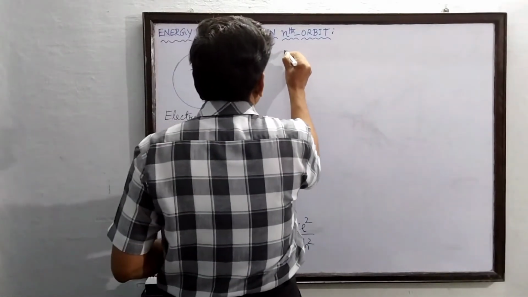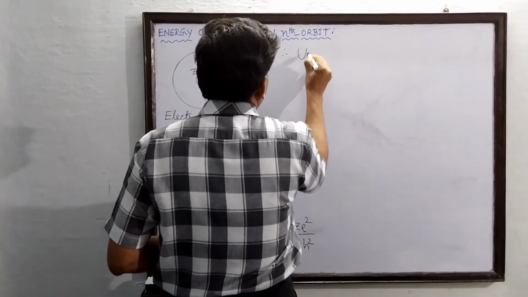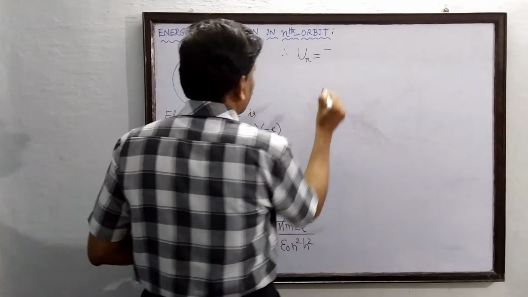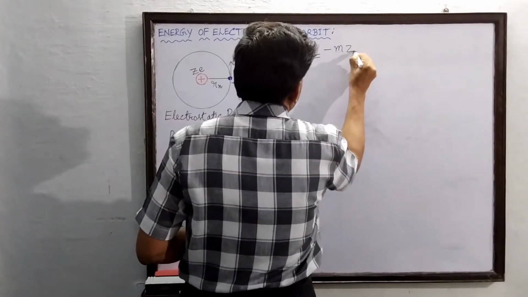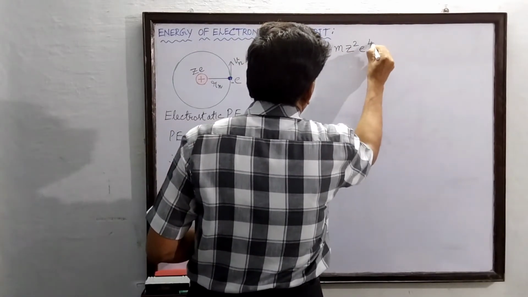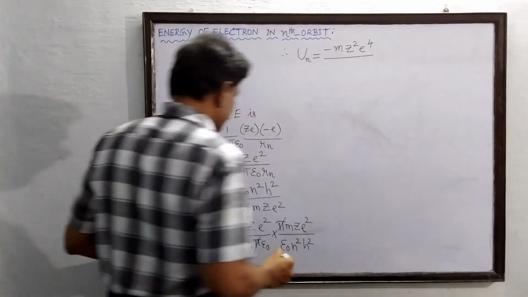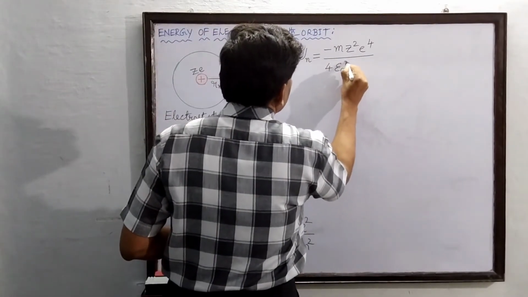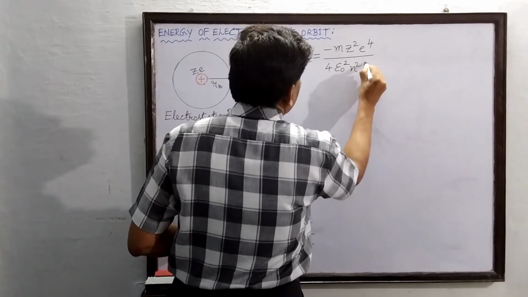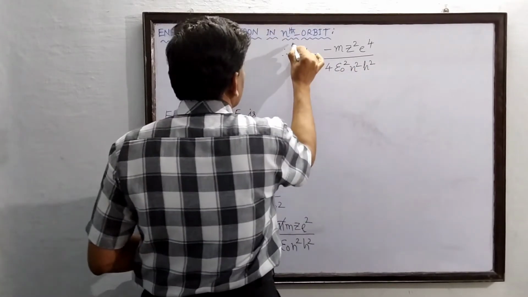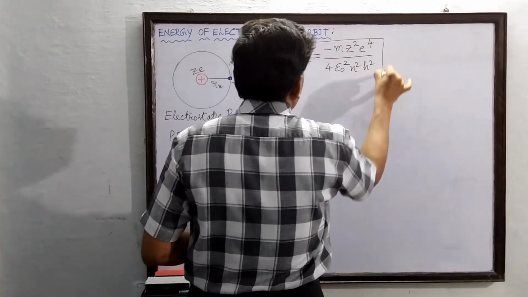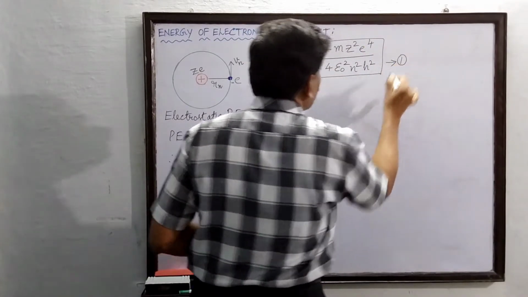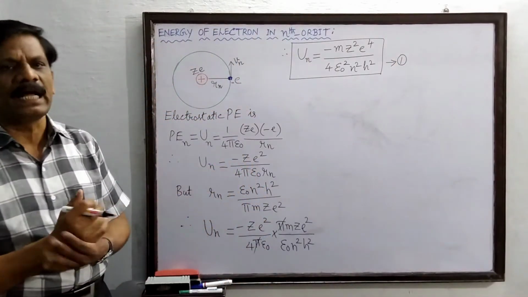Therefore, the electrostatic potential energy is equal to minus m Z square e power 4 divided by 4 epsilon naught square n square into h square. So, this is one of the main equations in this derivation. This is the potential energy of the electron in the nth orbit.